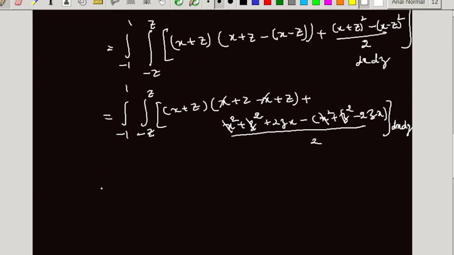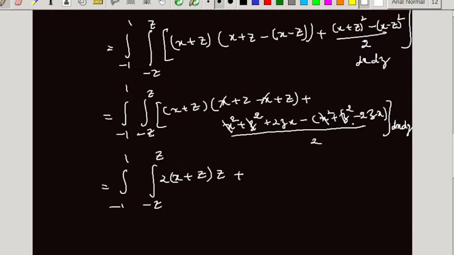Now we get integral from minus 1 to 1, integral from minus z to z. Here we get x plus z. Here 2 times z is there. x plus z into 2 times z, plus here minus into minus is plus.